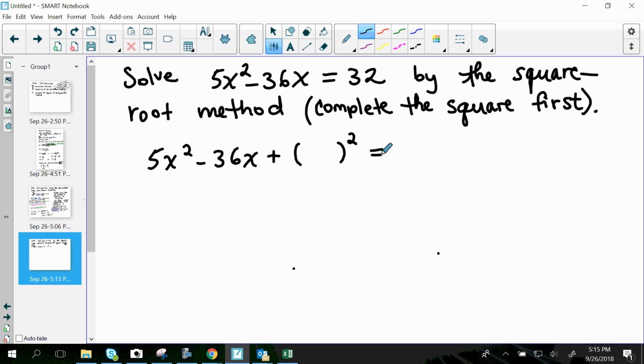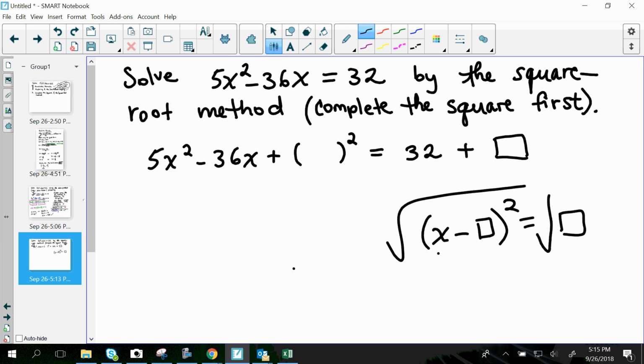So what we're trying to do is come up with something that looks like x minus some number squared equals another number, and then we can take the square root of both sides, plus or minus, and there you go. So that is the goal that is in my mind. So I need to make this into a perfect square trinomial, which can be rewritten as a binomial squared.